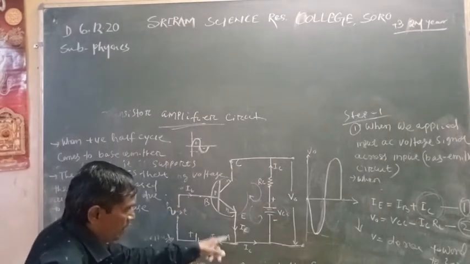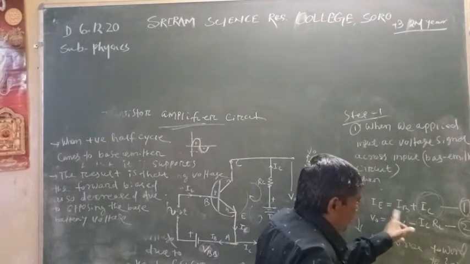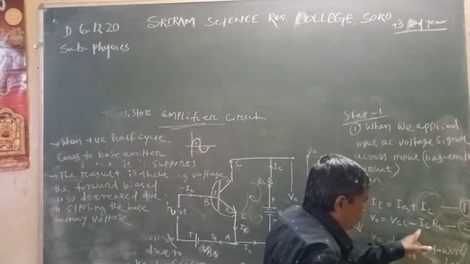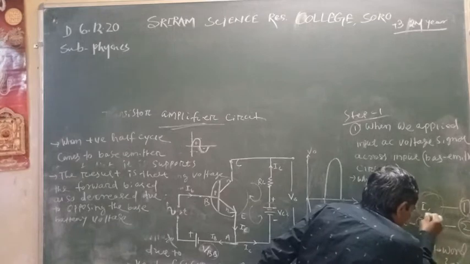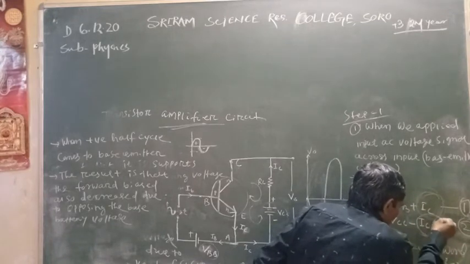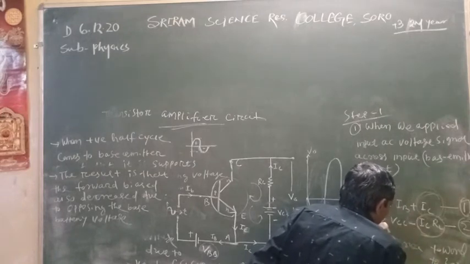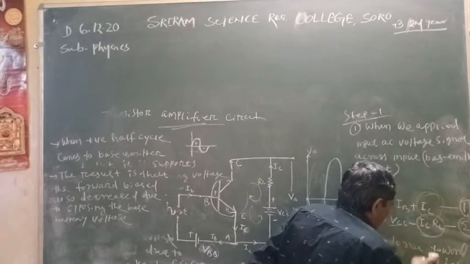When forward bias is decreased, the current will be decreased, and the collector current also decreases. Now the drop will be decreased, so V naught is equal to VCC.